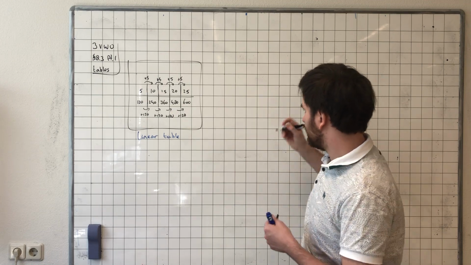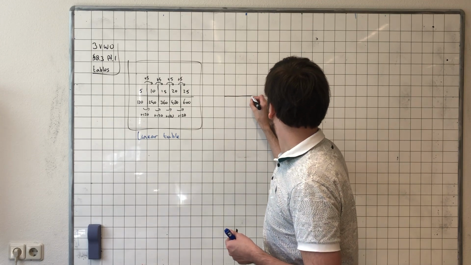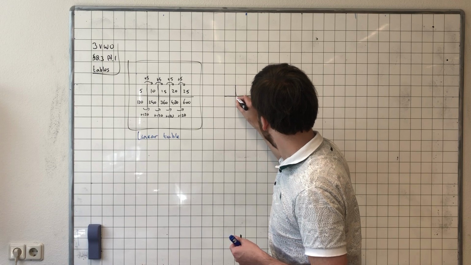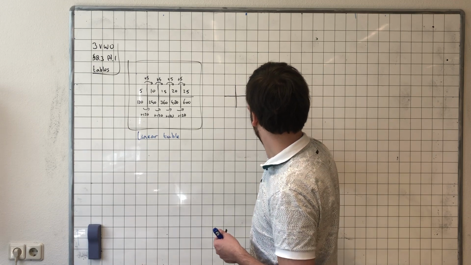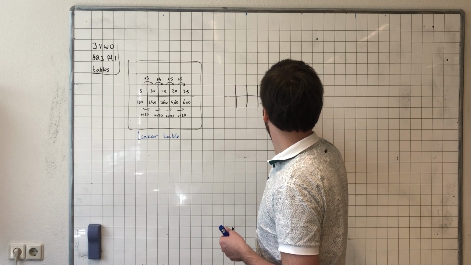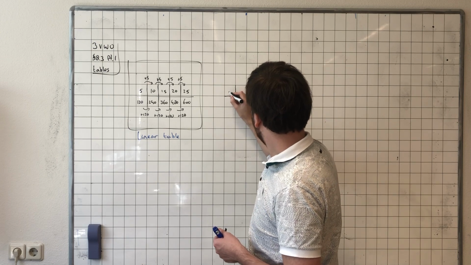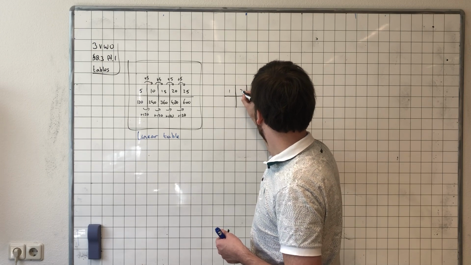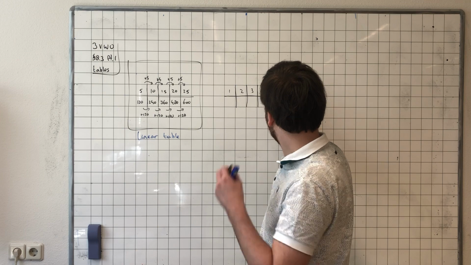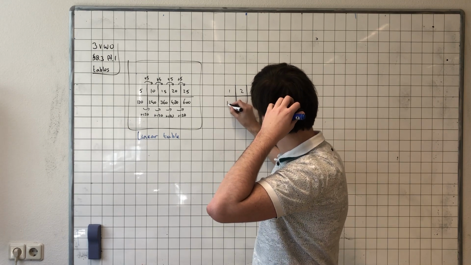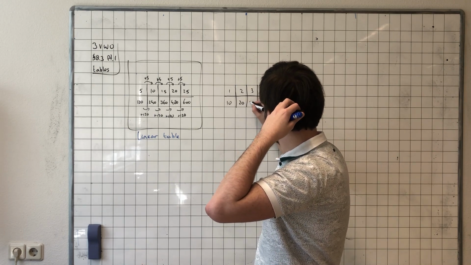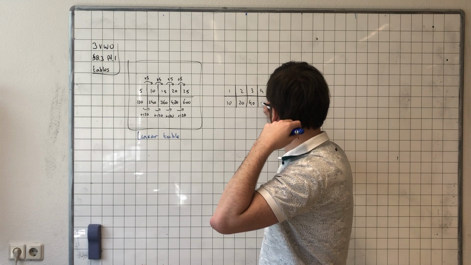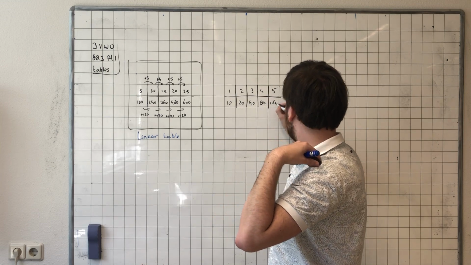The second kind, which I wanted to show you, is this one. Let's use these numbers 1, 2, 3, 4, 5, and let's use 10, 20, 40, 80, and 160.